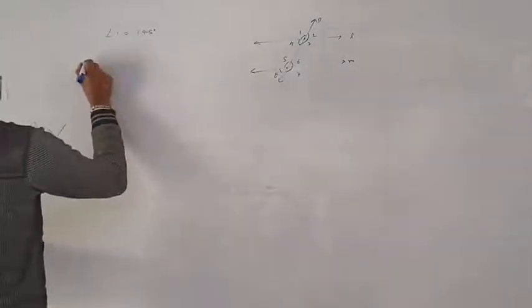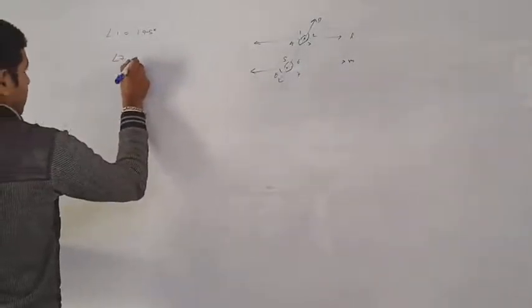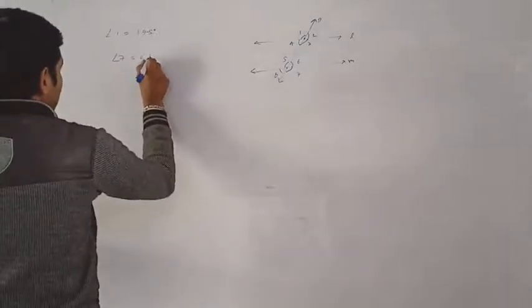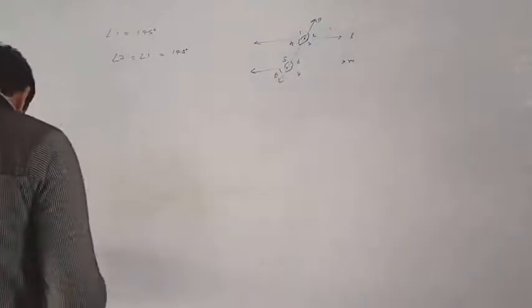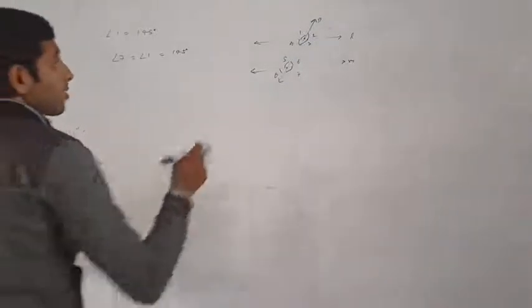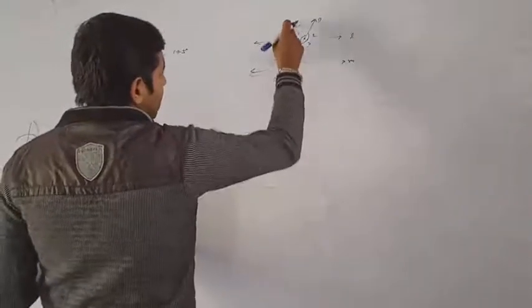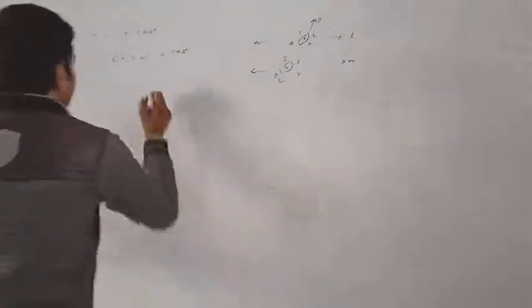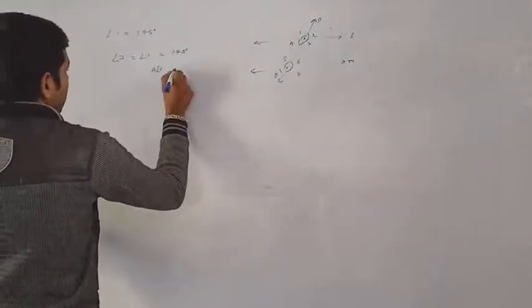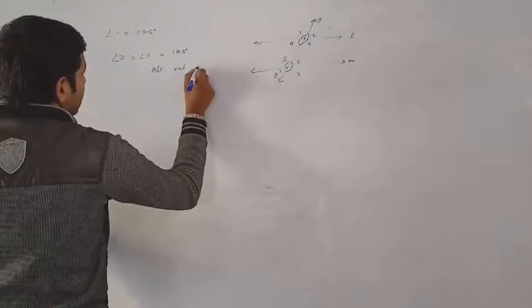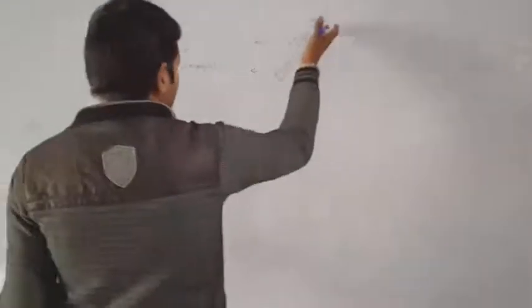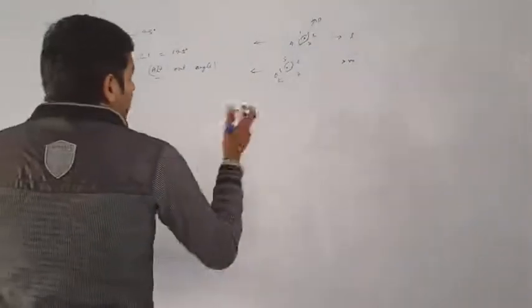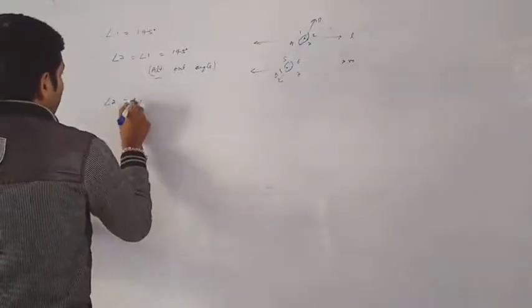Then angle 7 is equal to angle 1, which is also 145 degrees, because of alternate exterior angles. From here also angle 2 is equal to angle 8.